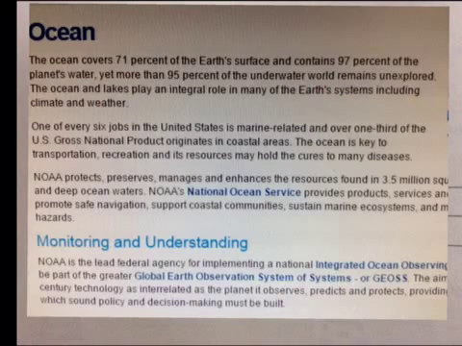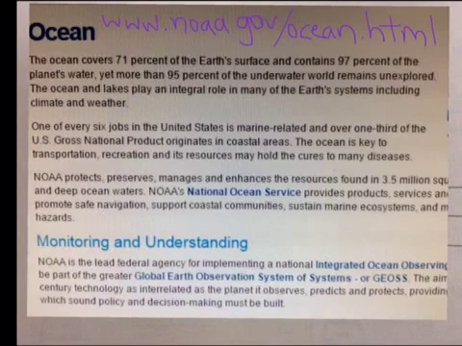You know that our climate is affected by the amount of water available. I found this information at www.noaa.gov/ocean.html. Now, NOAA stands for National Oceanic and Atmospheric Administration.